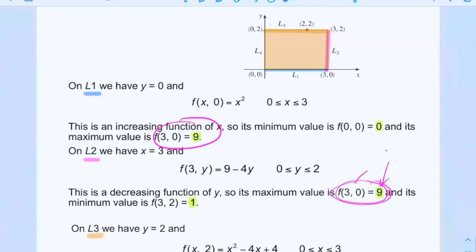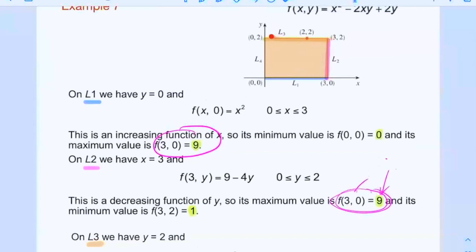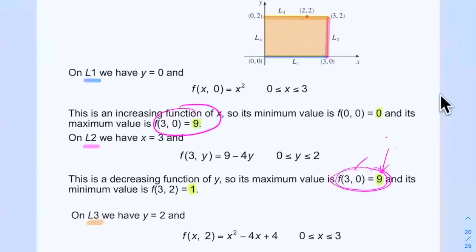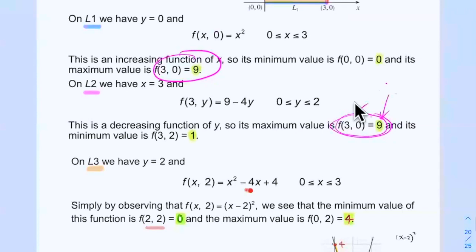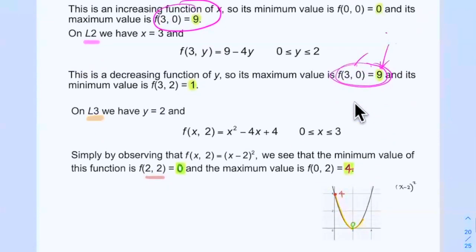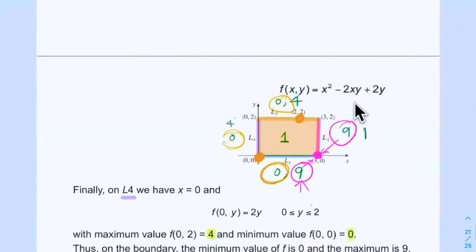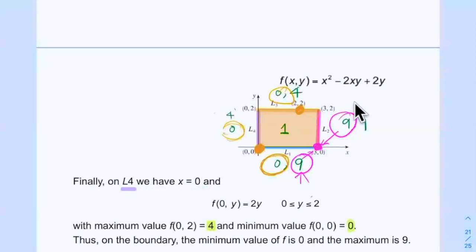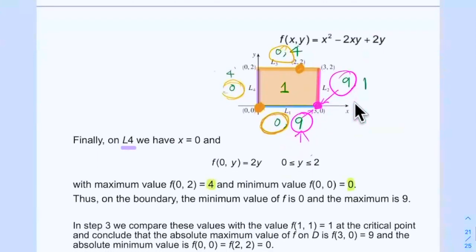And then similarly, you can do it for L3. For L3, the y coordinate is 2, so you substitute y to be 2, and then you find the max and min. Then also on L4, you find the max and min.